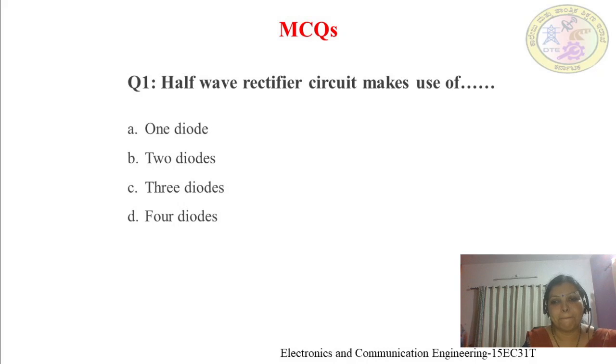Yes, it is the half wave rectifier. Just now we finished our discussion on the half wave rectifier, and if we recall the circuitry, there was only one PN junction diode used. So the answer is therefore A. It is a one diode rectifier.